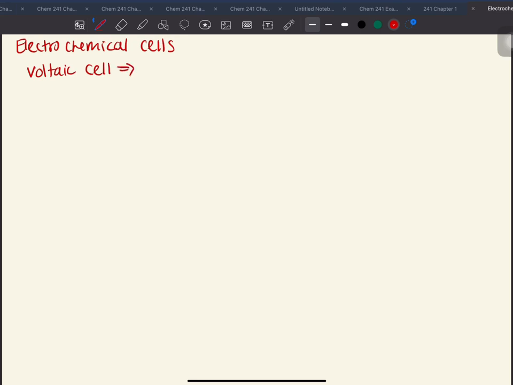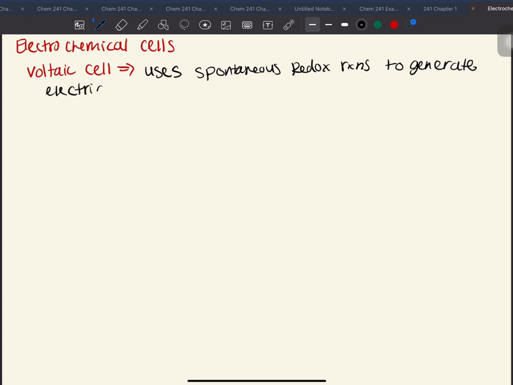A voltaic cell uses spontaneous redox reactions to generate electrical energy. So let's dive into what that actually means.